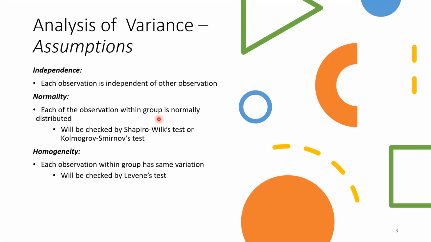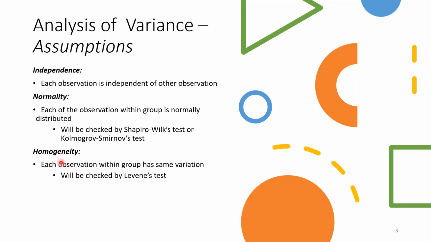If we are considering the same example of comparing the HbA1c between hypotensive, normotensive, and hypertensive groups, then we have to check whether the HbA1c is normally distributed within normotensive, within hypotensive, and within hypertensive. This will be checked by the Shapiro-Wilk test or Kolmogorov-Smirnov test based on the sample size. Usually we use the Shapiro-Wilk test because of the small sample size we have.